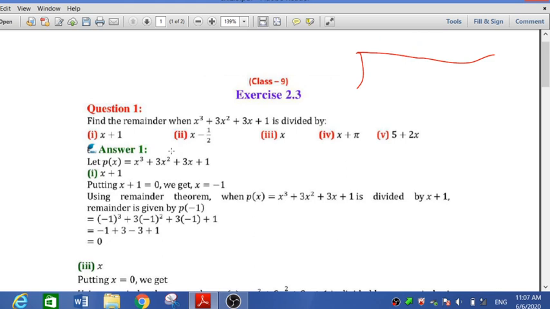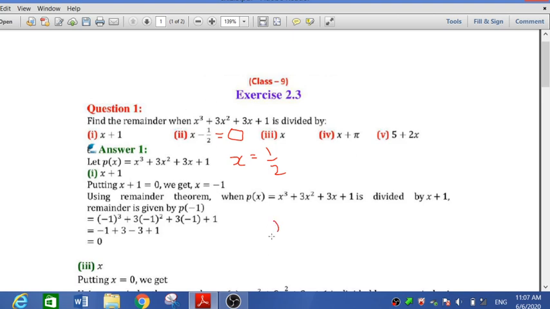Now question number third. Again, in question number second, what you have to put? X minus 1 by 2 is equal to 0. Therefore x is equal to 1 by 2. So what we have to put? X is equal to 1 by 2 in the given question.